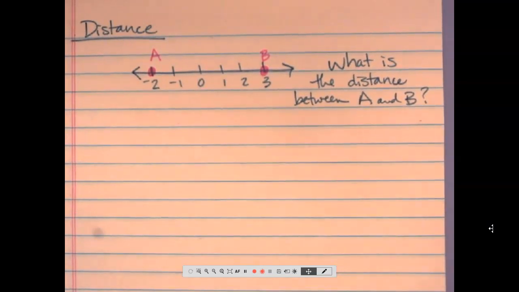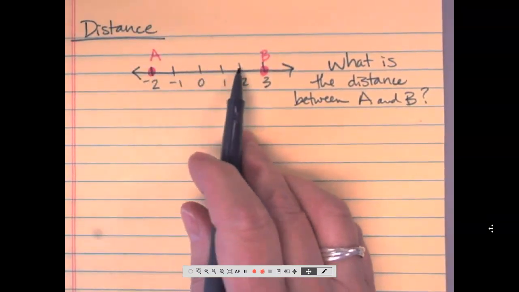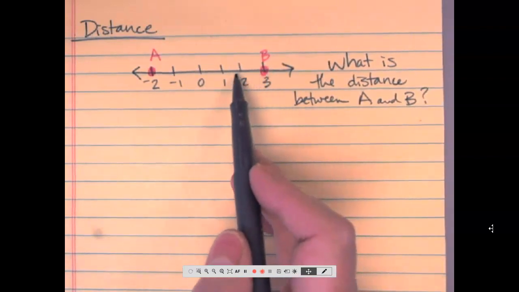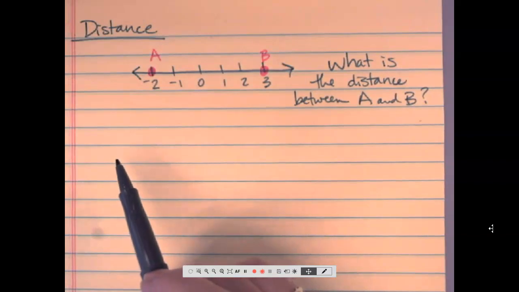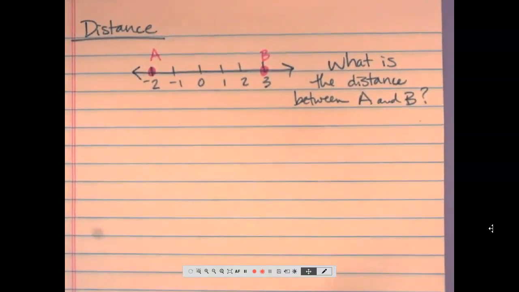Okay. That's pretty simple, isn't it? I mean, if you were really at a loss, you could count. Okay, 1, 2, 3, 4, 5. Or would it be negative 5? It's 5. Distance is positive. Okay?